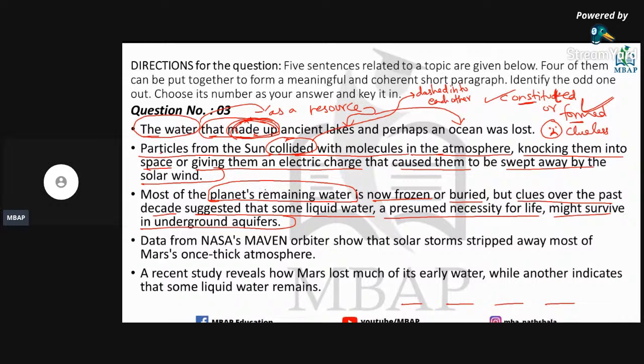Next, the fourth sentence says data from NASA's Maven orbiter show that solar storms stripped away most of Mars' once thick atmosphere.